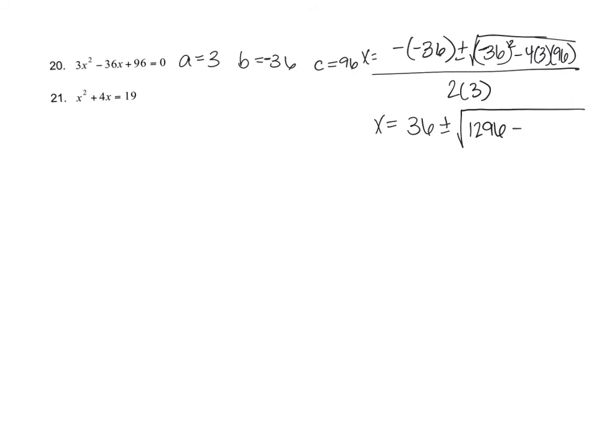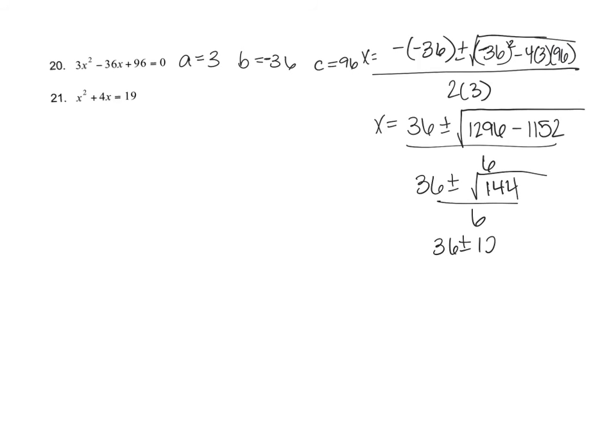And then 4 times 3 times 96 is 1152, divided by 6. And that's 36 plus or minus the square root of 1296 minus 1152, which is 144, divided by 6. 36 plus or minus the square root of 144, which is 12, divided by 6.